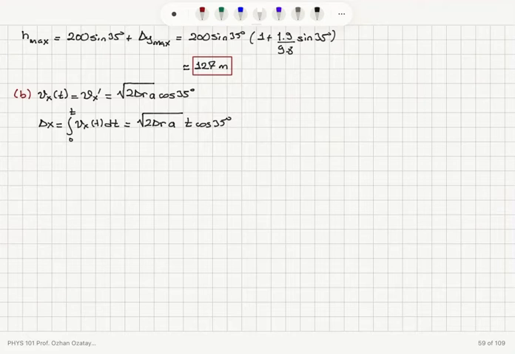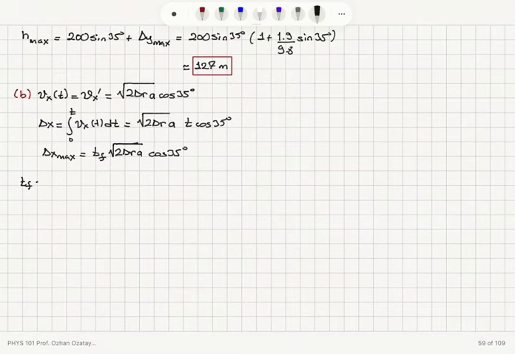And the maximum displacement delta x max will be at final time, the fall time tf, square root of 2 delta Ra cosine 35. Now, what is the fall time?